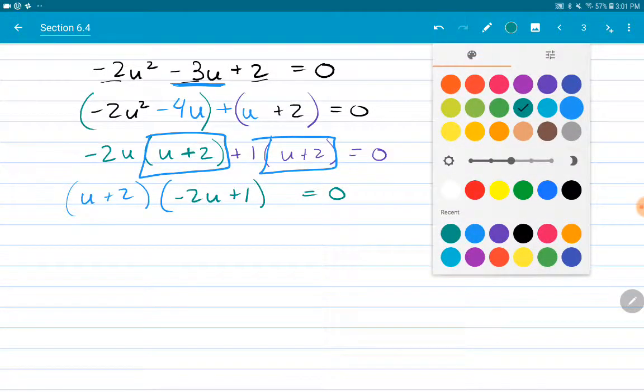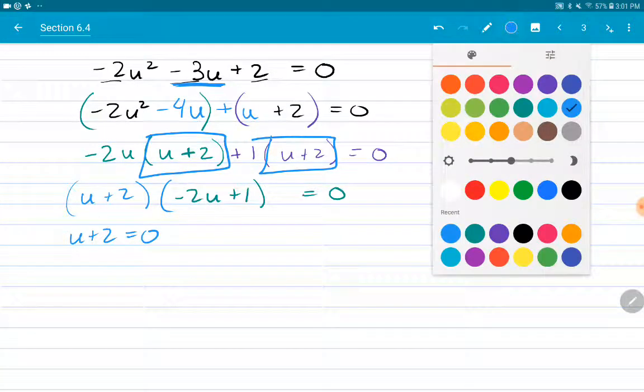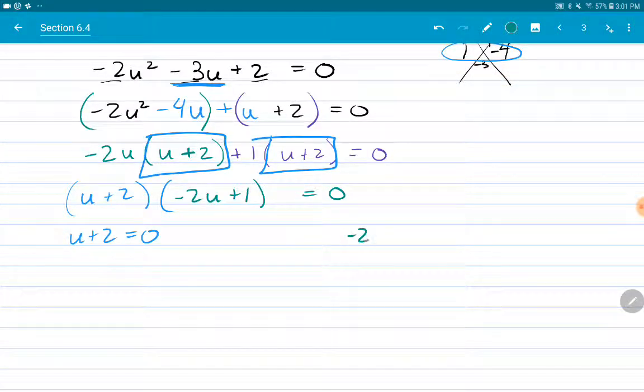So I have either u plus 2 equals 0 or negative 2u plus 1 equals 0. In the case on the left, I get u equals negative 2. On the right, I get negative 2u equals negative 1, which gives me u equals 1/2.